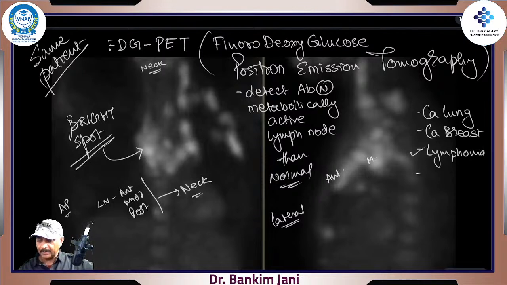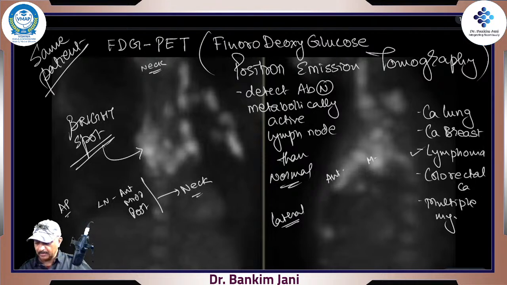Then colorectal carcinomas, whether it has spread, or multiple myeloma, because the metabolic activity is diffused. And yes, there are so many. That's why it was lymphoma. And obviously the blood report and lab tests will also start supporting it, right?